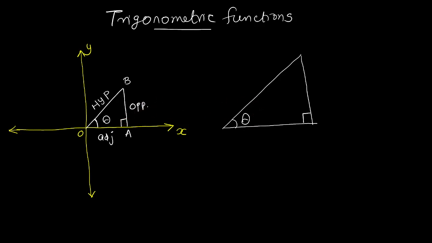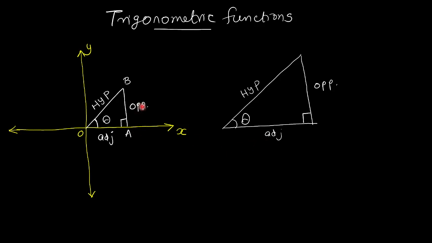Since they are similar, the ratio of any two sides will be the same. You studied this in 10th standard. I mean, using a scale, you measure all the sides of this triangle, and also all the sides of this one. If you take the ratio of any two sides, you will get the same value.